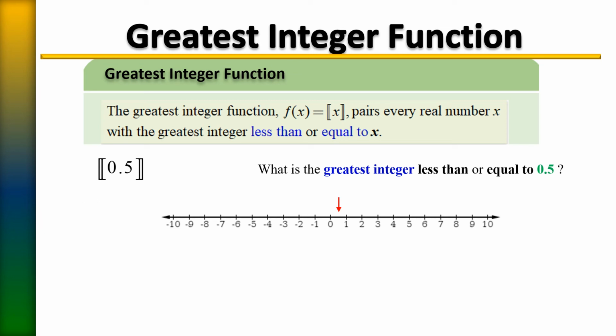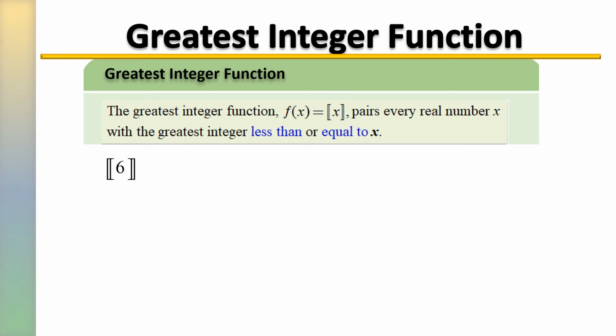It's not going to be 1, because 1 would be greater. I don't want greater. I want the integer that's less than that, and that would be 0. So the answer here again is whatever is less than that number, you're rounding down, and in this case it is 0.